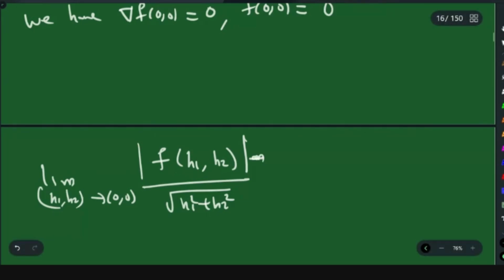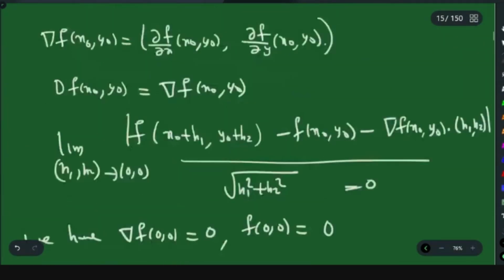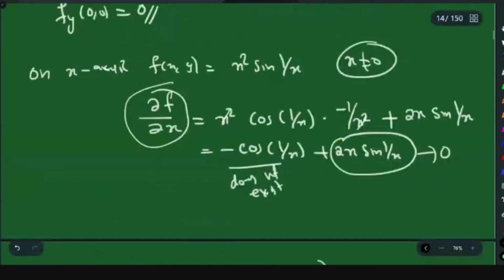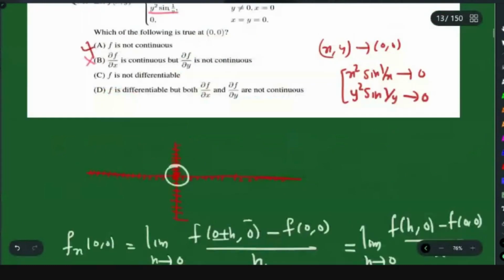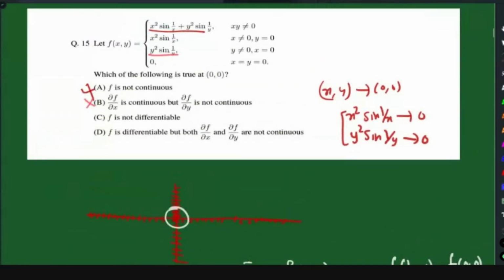So you just substitute the values here. The limit h1 comma h2 tends to 0, 0. So what is your f of h1, h2? f is given by this equation, right? x square sine 1 by x plus y square sine 1 by y. So you just give those values.